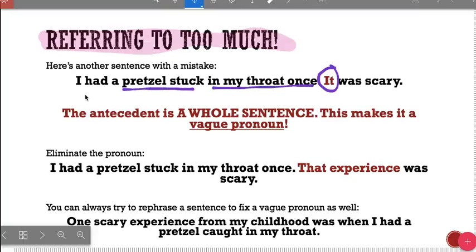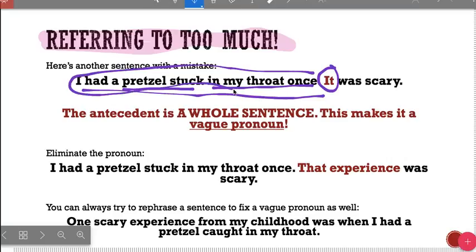Or this whole experience was scary? This whole thing, the fact that he got the pretzel stuck in his throat once, it was scary. So this antecedent is a whole sentence. It's really talking about this entire experience, getting the pretzel stuck in his throat. And that makes it a vague pronoun because you can't have a whole sentence be your antecedent. That's too much. You're referring to too many things.